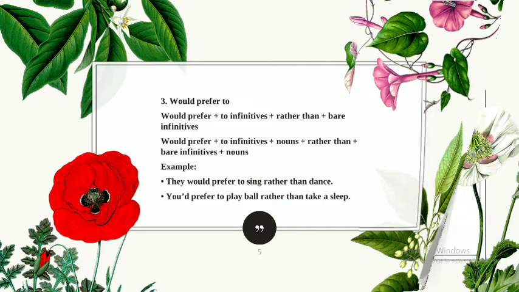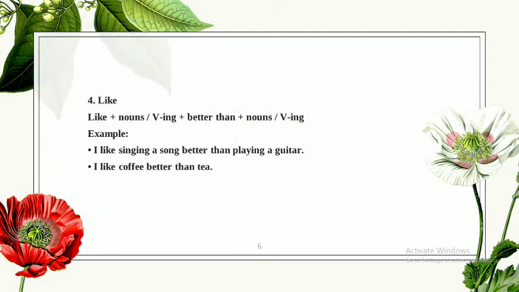Okay, and the last is like. In language, it means like. The word is similar to the use of the word prefer, which shows preference, except that the word sounds more relaxed than the word prefer. If the subject is he, she, it, or a singular person's name, then s must be added after the word like to become likes.